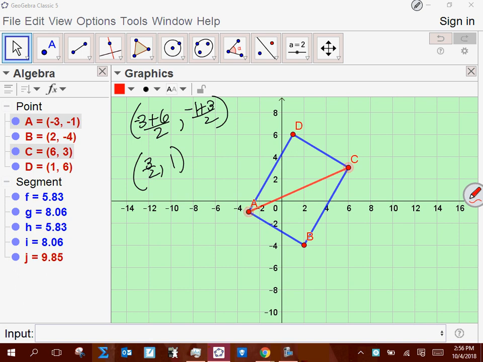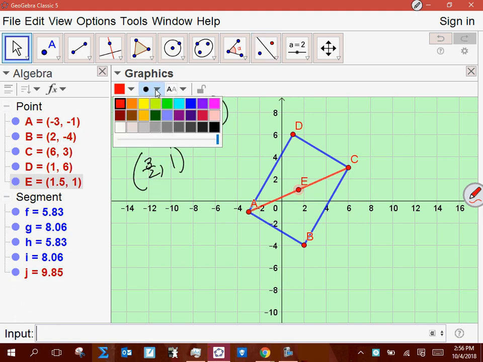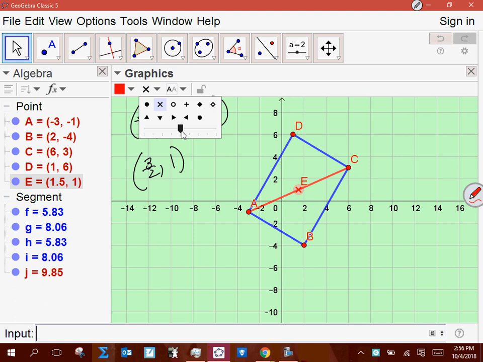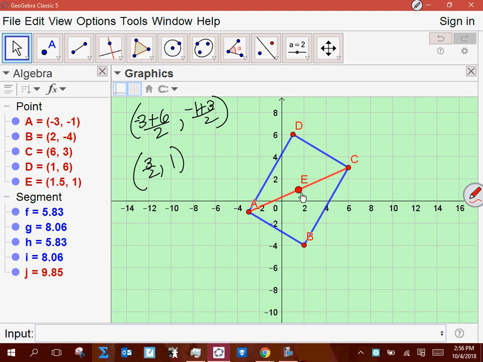And if I plot that, 3/2, comma 1, it puts that point right there. Okay, right there on the midpoint of that segment. Verification that we've done things correctly, right? Is that okay with everybody?